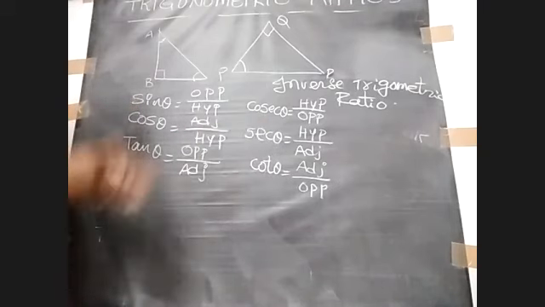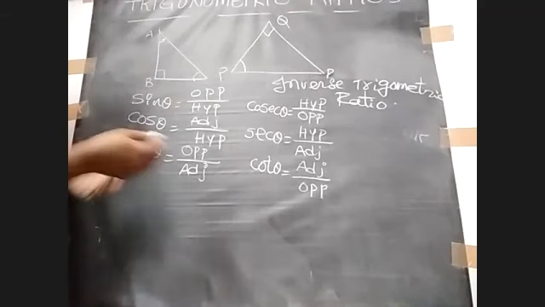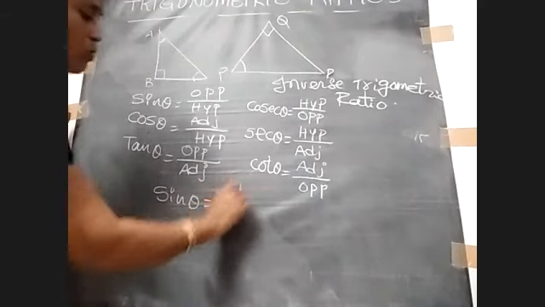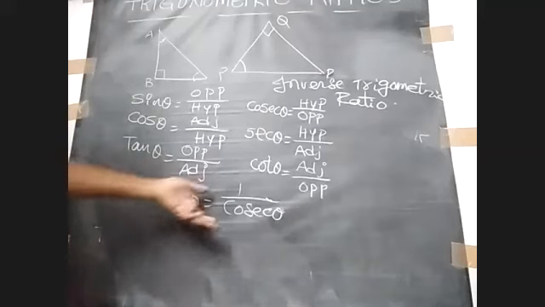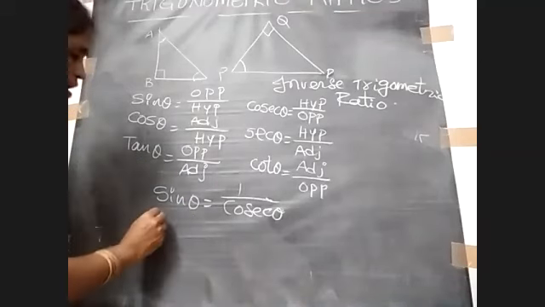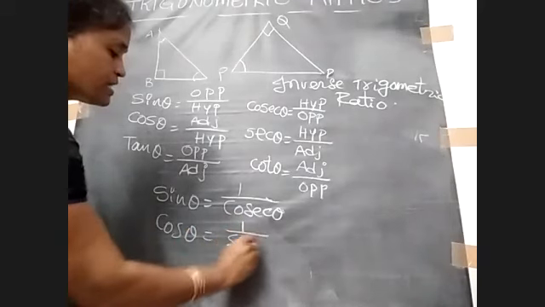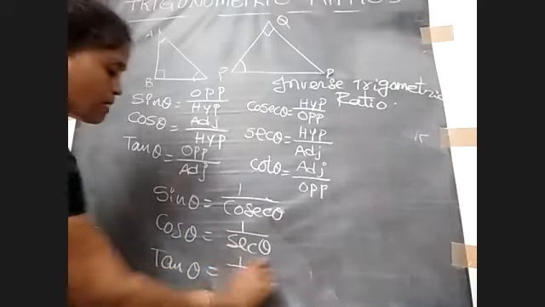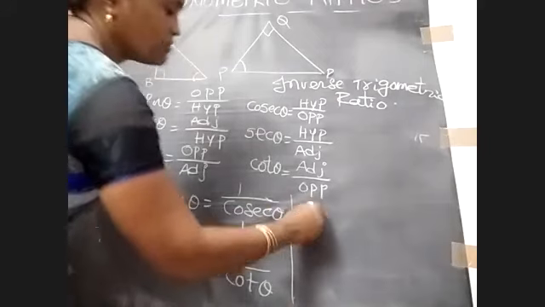Those are multiplicative inverses. So we can write sin theta is equal to 1 by cosec theta, cos theta is equal to 1 by secant theta, and tan theta is equal to 1 by cot theta.